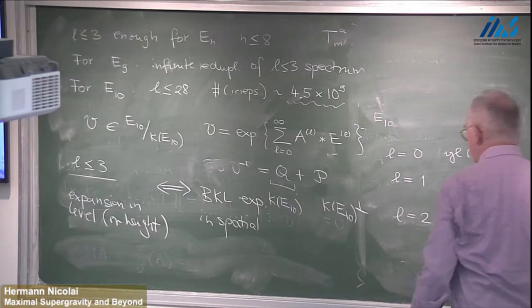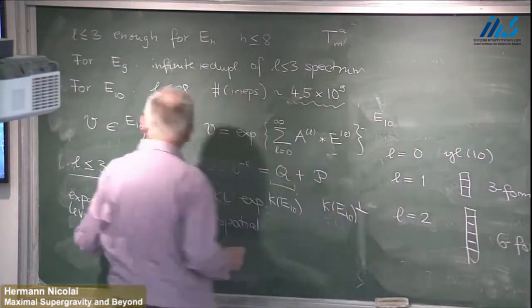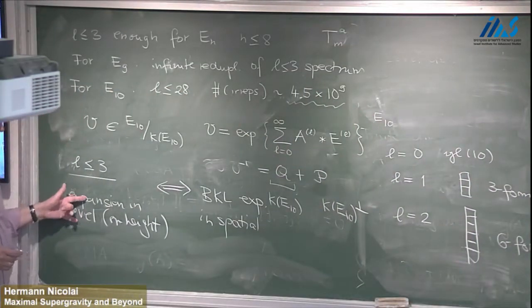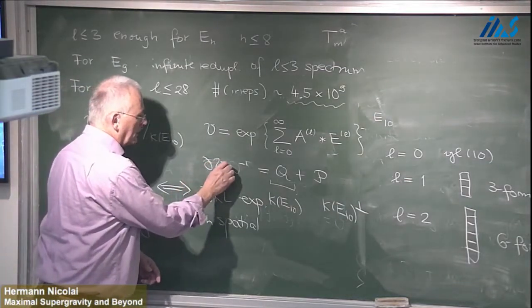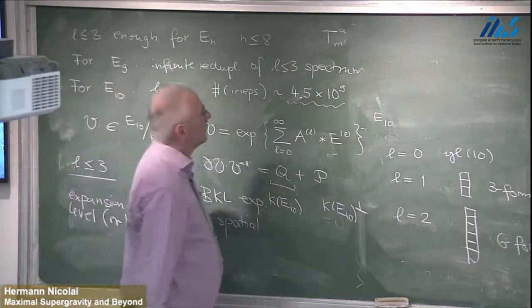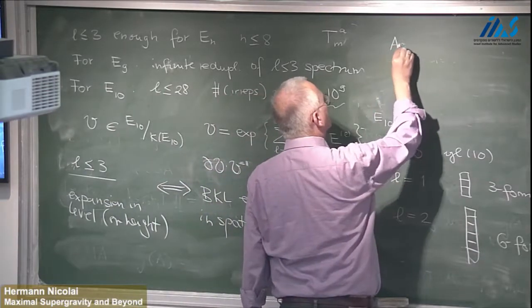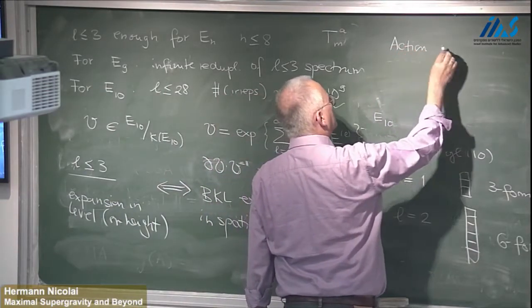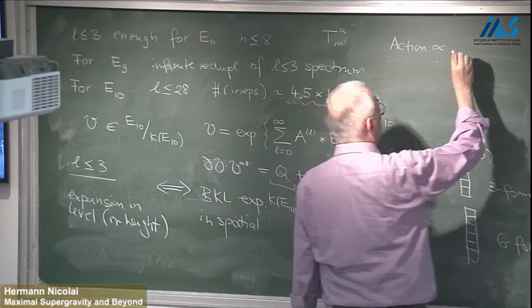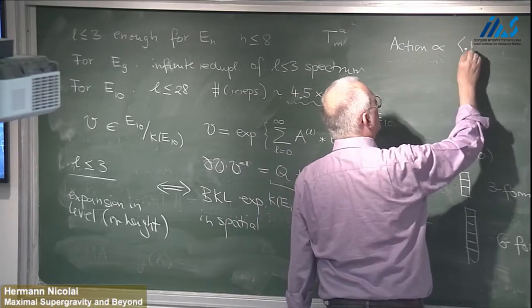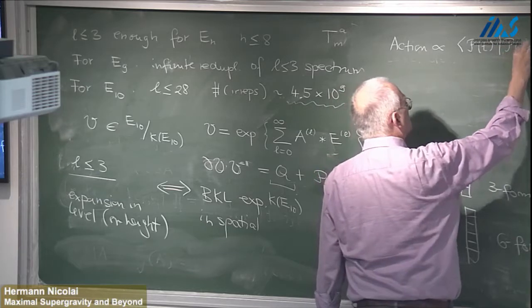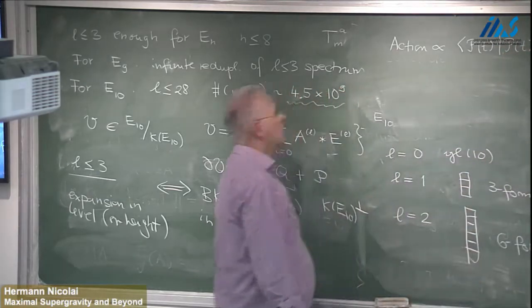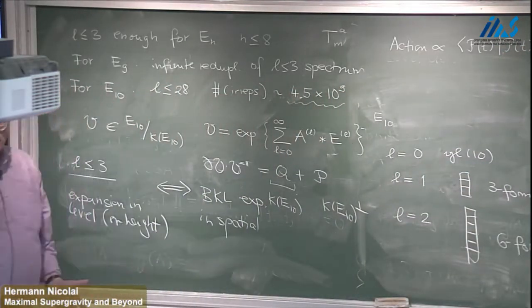So how do we get the action? That's a nice thing. You have this decomposition, as I said, and then the action is simply taken to be proportional to the bilinear form of this P. So it's the unique action you can write down.